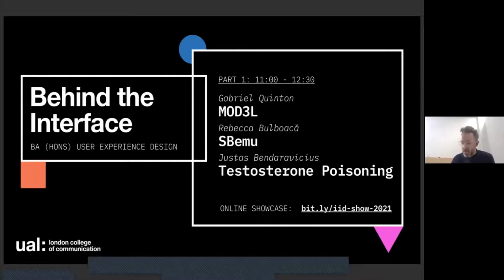So, if the course has delivered anything for the students, it's challenged them to have an awareness, I would hope, of the innate complexities in this social and political and sometimes functional and always aesthetic act of designing. So you're going to see all of those things coming through in these 3 projects.